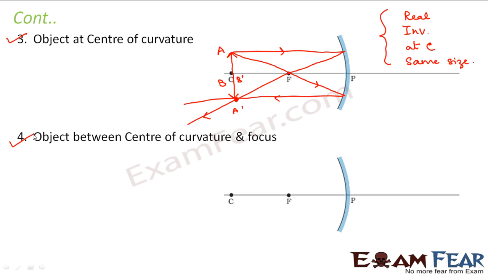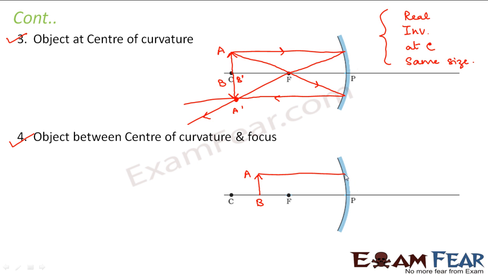Let us look at the fourth scenario where we want the object to be placed between the center of curvature and the principal focus. So now the object is nearer to the mirror. This is my object AB. Here also let me assume any two rules.